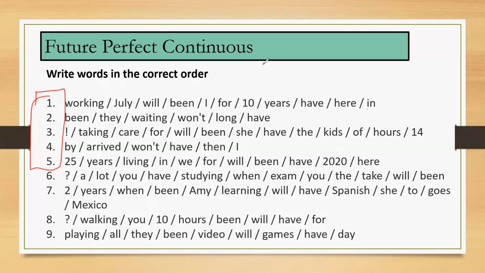We will have been living here in 25 years. Maybe, I think. No? The future perfect continuous was okay, but the complement, but yes, you started correct.